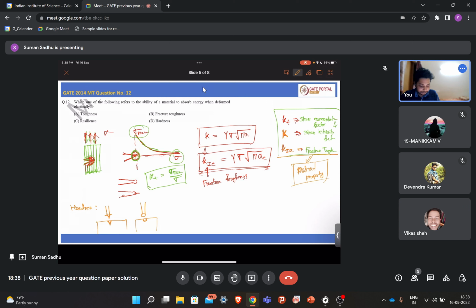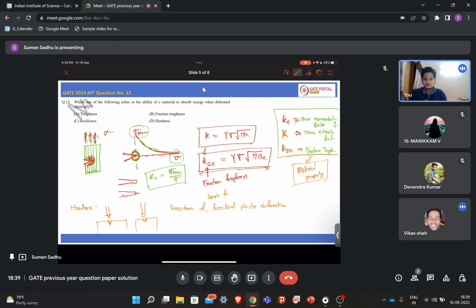Hardness is basically the resistance of your sample for localized plastic deformation. You are not applying maximum load or maximum energy.